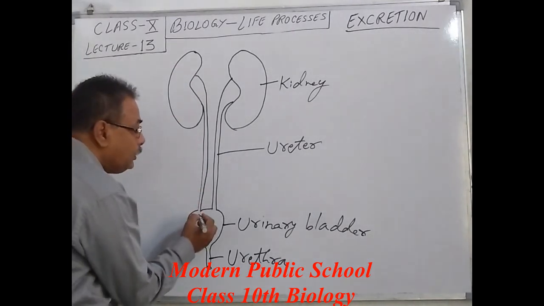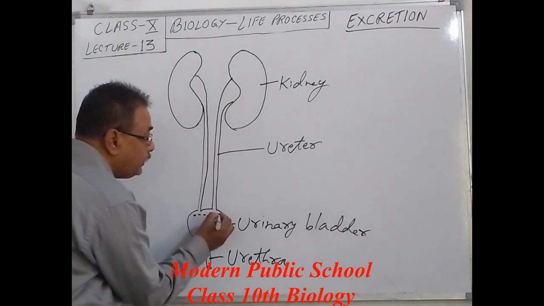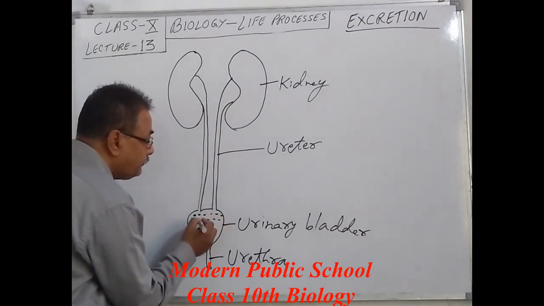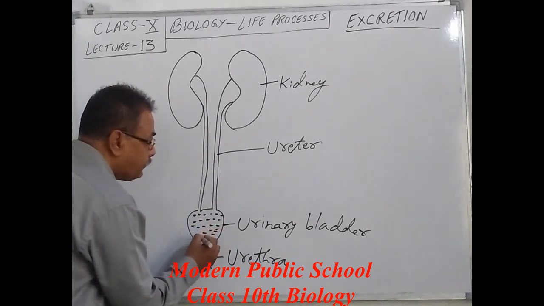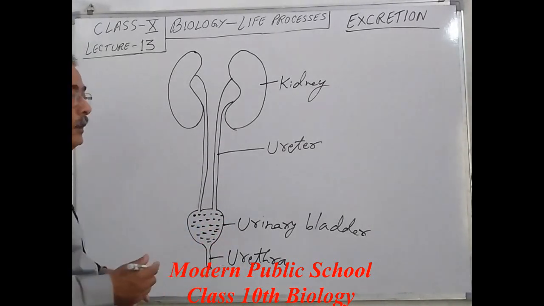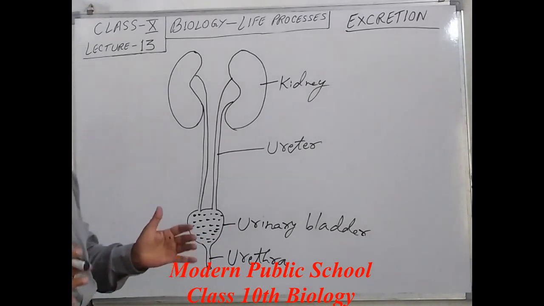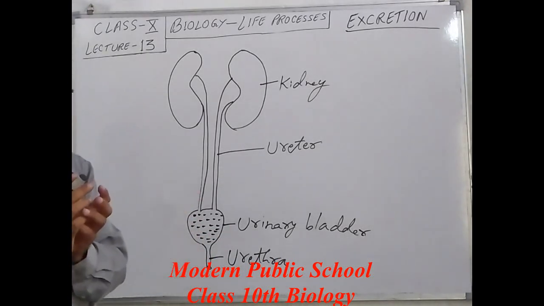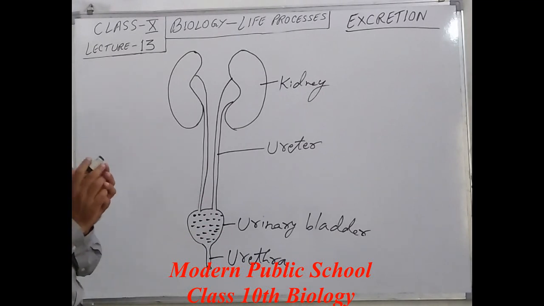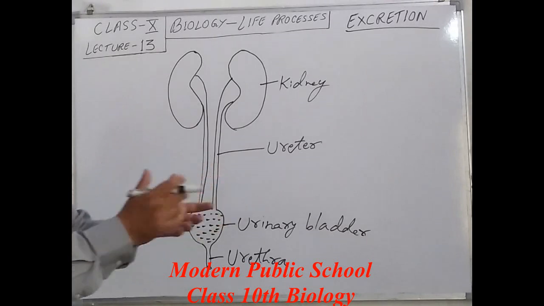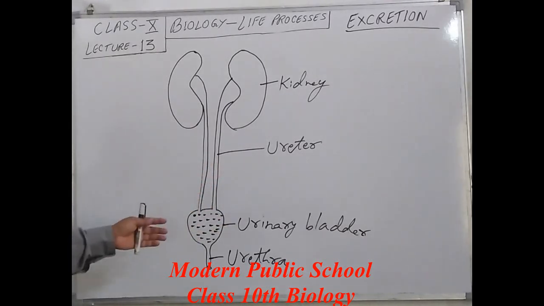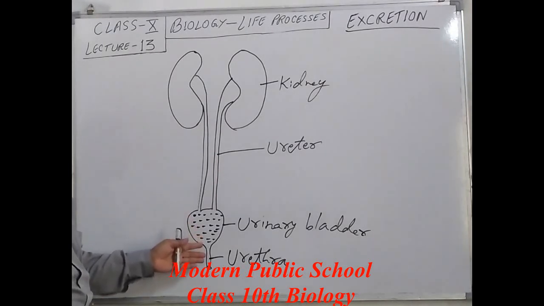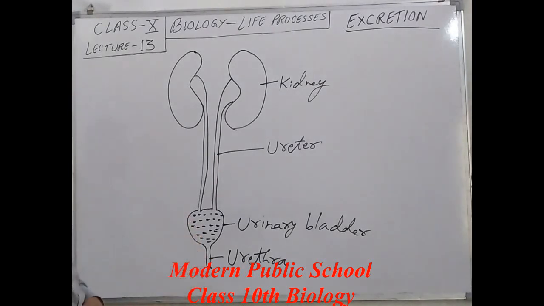Here in the urinary bladder, the urine is stored drop by drop, and when it is full, the wall of the urinary bladder contracts, and due to this we feel the urge to urinate. Ultimately the urine is passed out through the urethra.